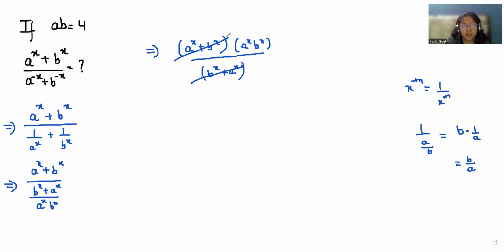So we can eliminate this. So what is left? a^x b^x. We can write it as (ab) whole power x. And the value of ab is 4, so 4^x. So the final value for this is 4^x.